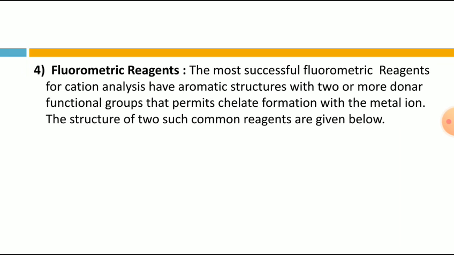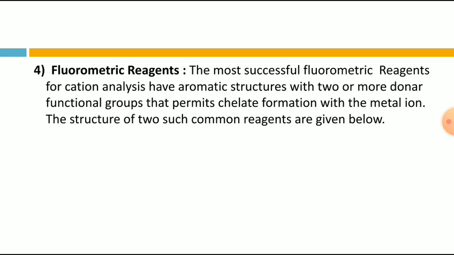That means there are two or more donor functional groups on an aromatic ring that permit what? Chelate formation. That molecule, the aromatic with two or more donor groups, will form a chelate with the particular metal ion. Then it will emit a characteristic fluorescent light.